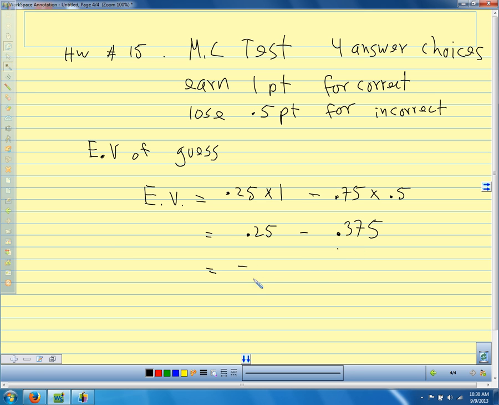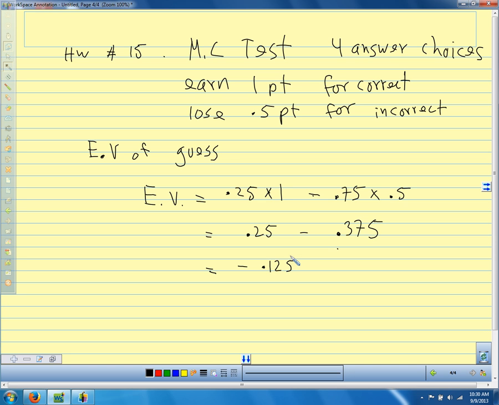Negative 0.125. So your expected value is negative. Should you guess? No, not for this type of test, because your expected value for guessing is you lose about 1/10 of a point for every guess.